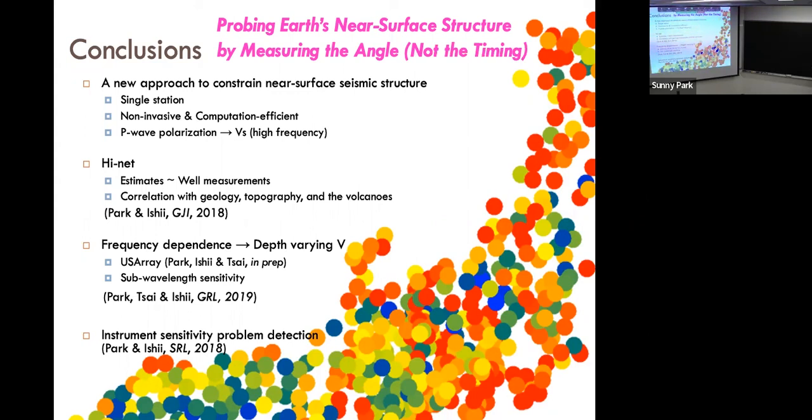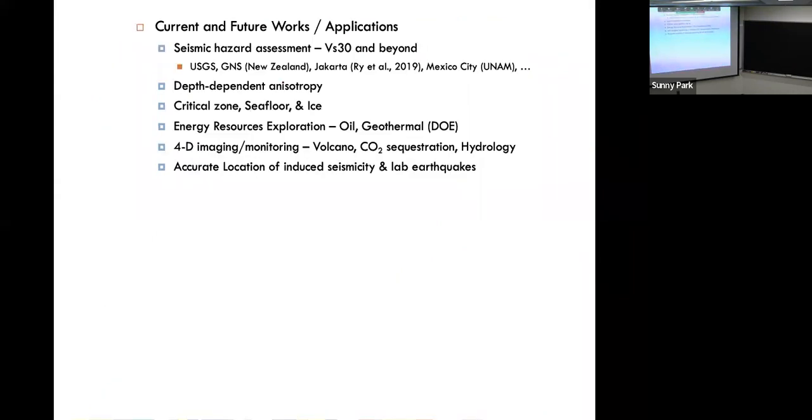For example, if the vertical component is not working, you can see the angle wouldn't be right. So that can be used for things like ocean bottom sensors, where the stations are really hard to get to. There are a lot of things to do in this direction using this method.